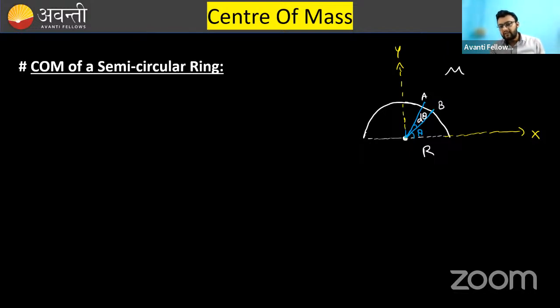If I increase theta, this element will be here. If I increase theta further, this element will be here. So by changing the angle, I can move around the complete circular or semicircular ring. That's the idea behind it. The element should be chosen in such a way that it can cover the entire body whenever required. Okay, so the first thing is completed.